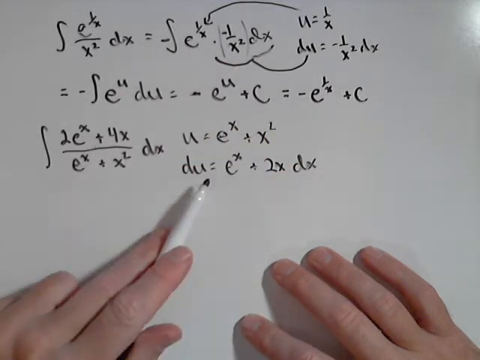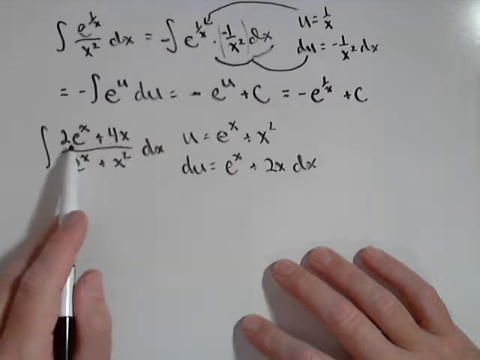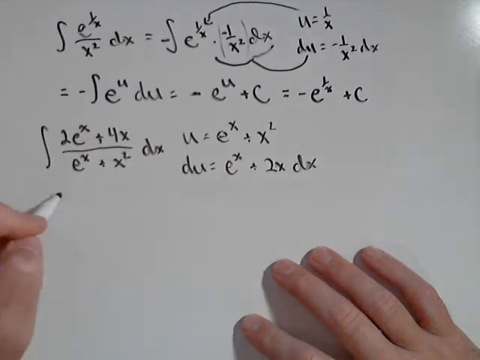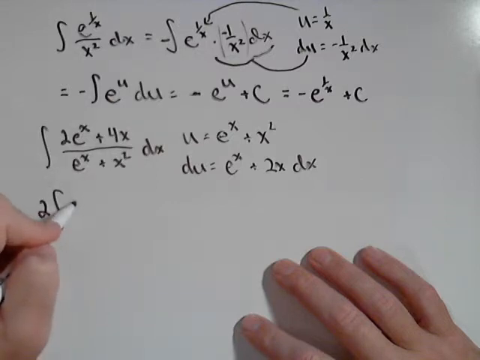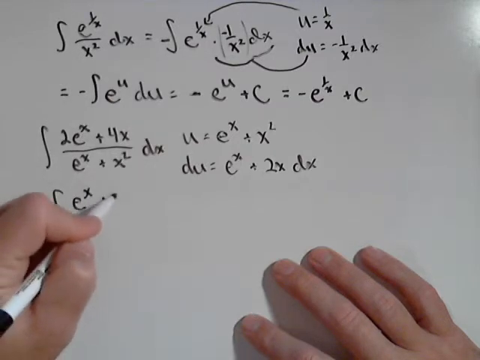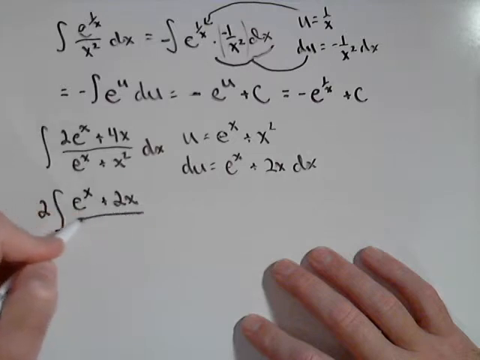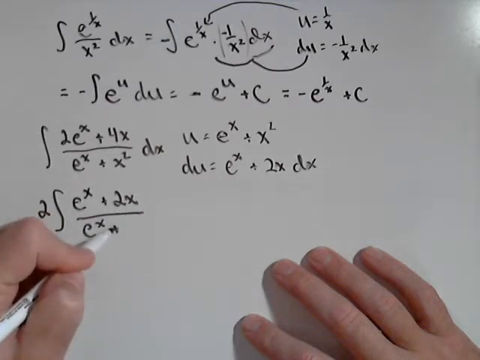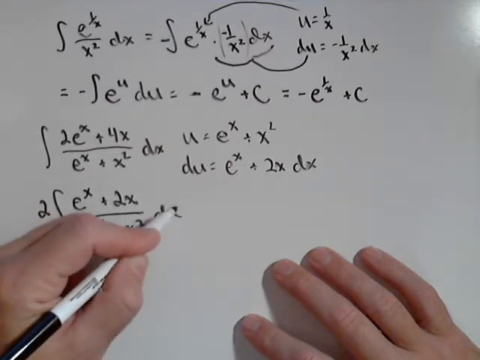Well, I don't quite have that in here, so what I'm going to do is factor a 2 out of the numerator. So if I factor 2 out, I'm just going to pull it completely out, then I have e to the x plus 2x all over e to the x plus x squared dx.